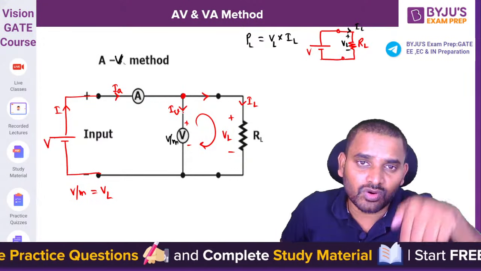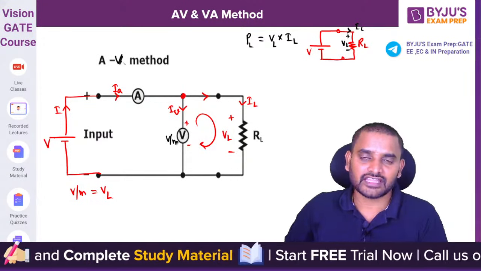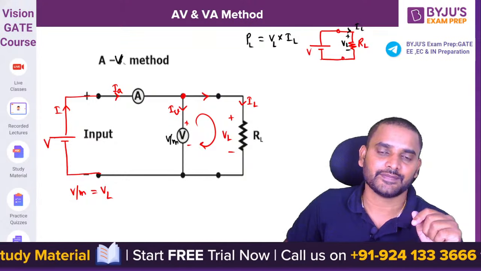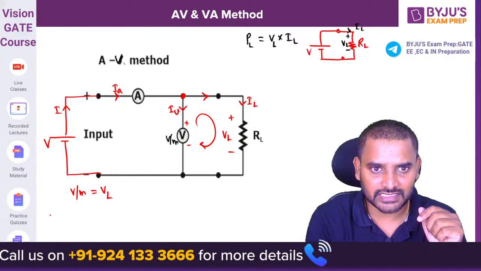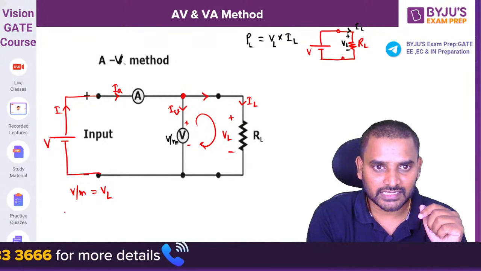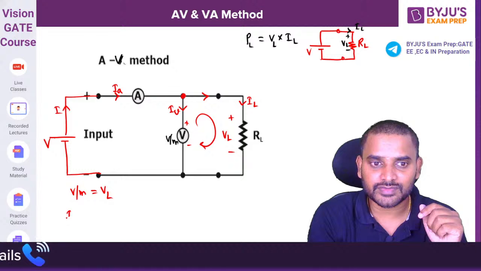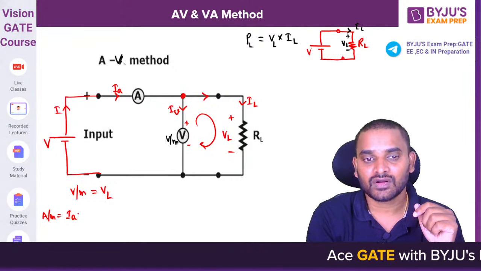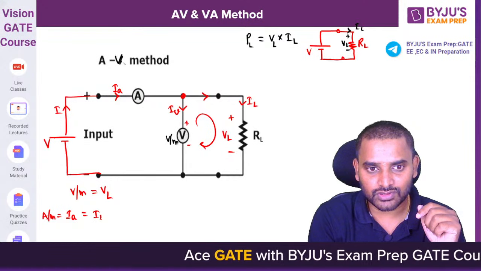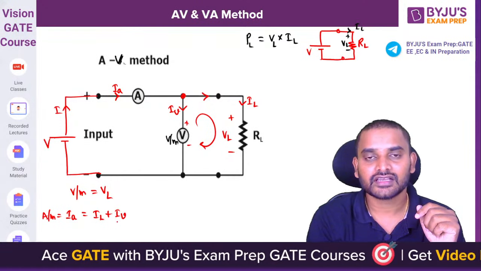The current flowing through the voltmeter is called IV, and the current flowing through the ammeter is called IA. Okay. Now if you apply KCL, the ammeter reading is going to be equal to IA. What is that IA? IA is equal to IL plus IV.